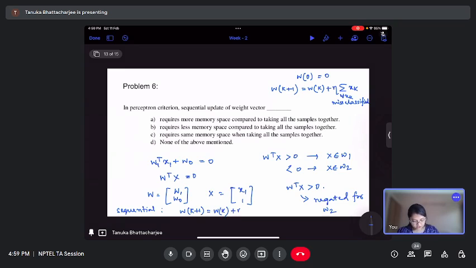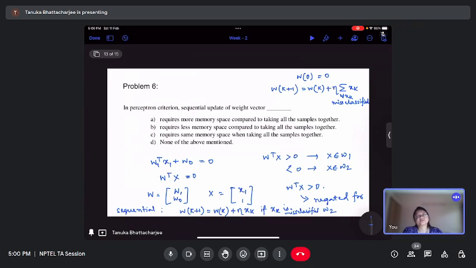So eta xk, in case xk is misclassified. You have an initial guess of W and you take one sample, and try to compute W transpose X. If it is wrongly classified, that is your W transpose X is less than 0, you add eta times xk to your weight vector. Now you move on to your next sample, and try to classify that.